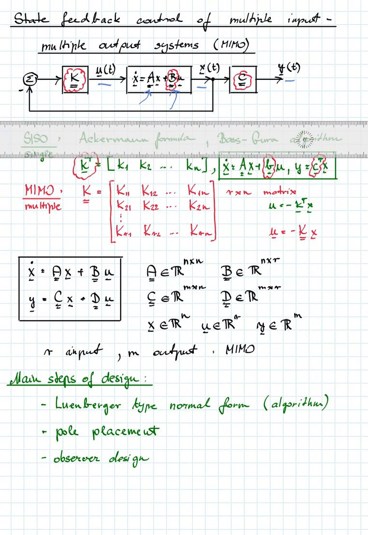So it is a matrix because u is a vector. And again, the output matrix C is not just a row vector, but a matrix, because we have got more than one input.